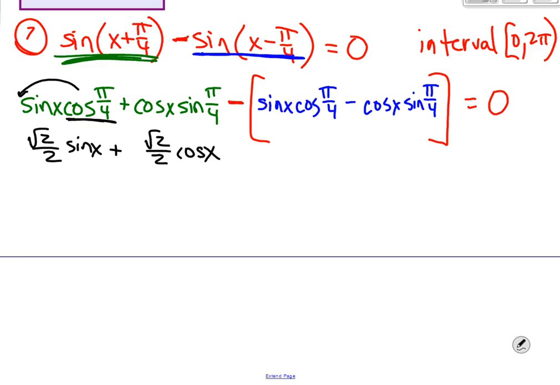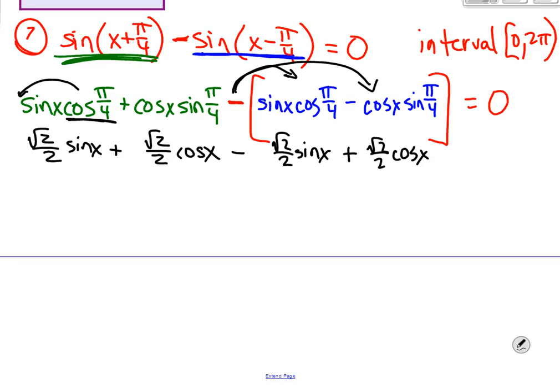And since that's pretty straightforward to us, can I also distribute this negative sign at the same time? Is that okay with you guys if I do that? So I'm going to write, this will be minus the square root of 2 over 2 sine x. And this one, though, is minus a negative, so it becomes what? Plus. Plus square root of 2 over 2 cosine x.